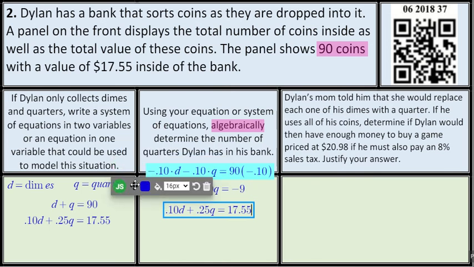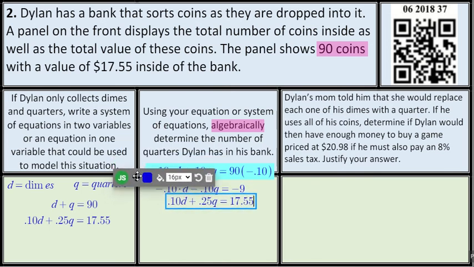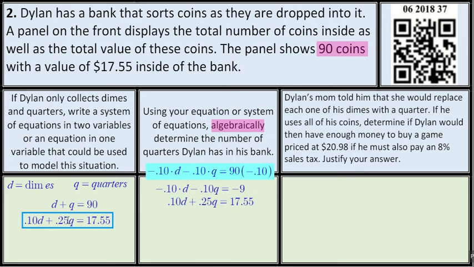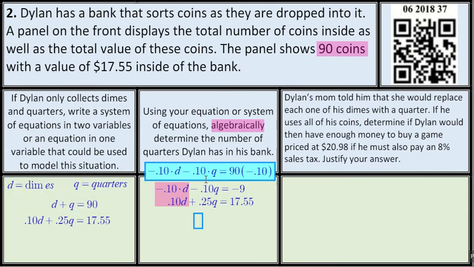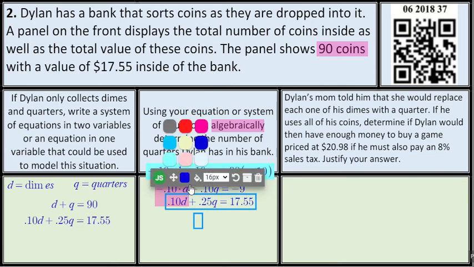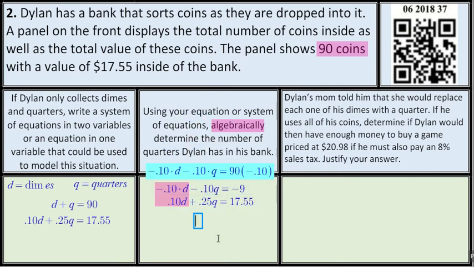And the reason that I chose that negative 0.10 for my D is because now the two values of D are exactly the same, except one's positive and one's negative, so they cancel each other out.